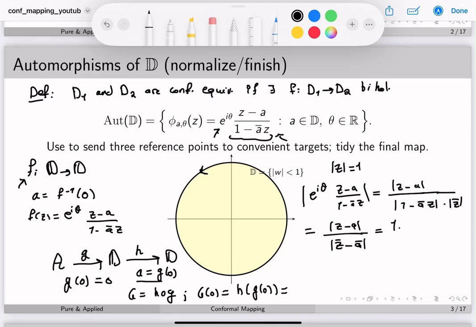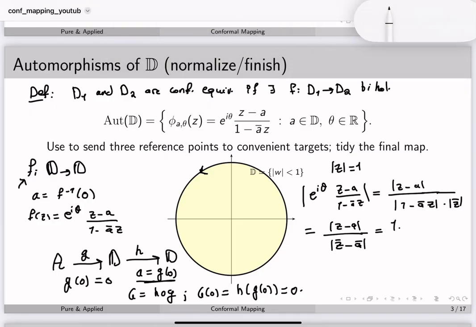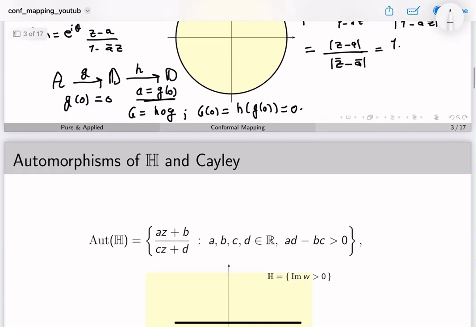But by our choice of a here, if I put g of 0 here, the answer is going to be 0. So there are all sorts of useful things you can do with automorphisms of the disk. But it's interesting to know these for the sake of knowing them, I guess. Okay, so this is the first thing we want to discuss.